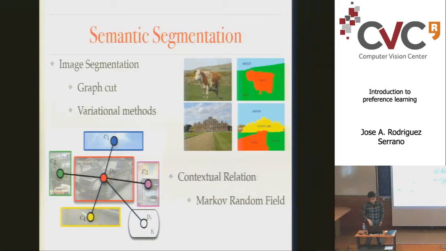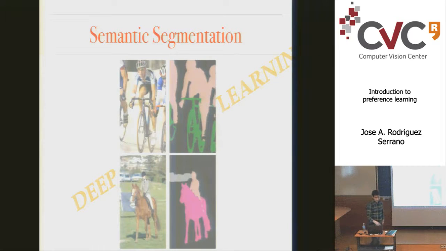At the same time, the idea is to take care of the contextual relation between different labels. You should know that each part of an object is more likely to appear with other labels based on some probability distribution. But as you know, deep learning has been a big game changer since a couple of years ago.